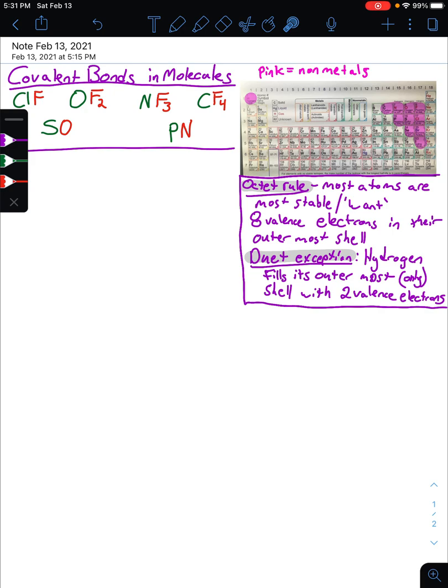Some potentially new information, depending on what you've seen before this video, is the octet rule. This is a generalization, and there are exceptions, that most atoms, elements on the periodic table, are most stable, or they want, if they could have feelings, 8 valence electrons in their outermost shell.